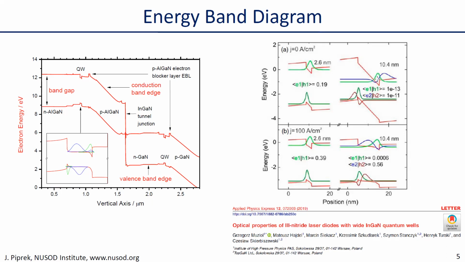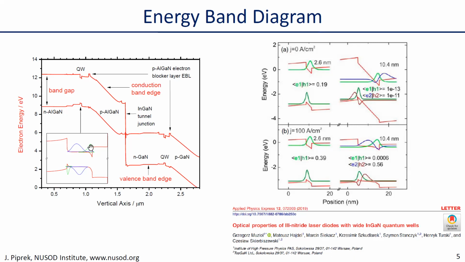But in a laser, you put a high enough current density into the device so that the quantum wells fill up with carriers and are able to screen the polarization charge that is located at the interface of the quantum well. That is what I show here in this self-consistent simulation.